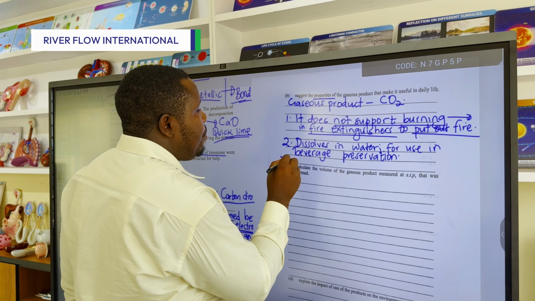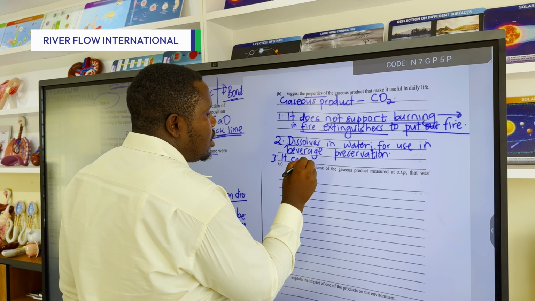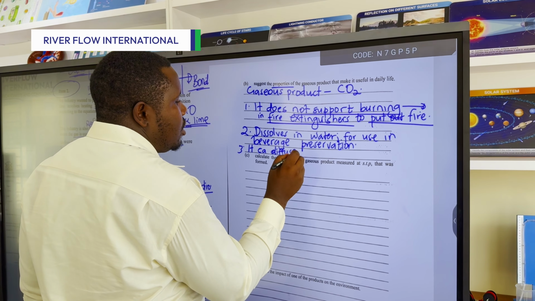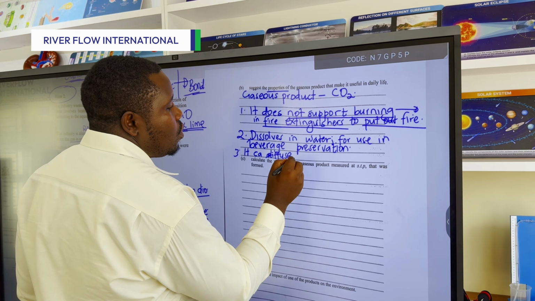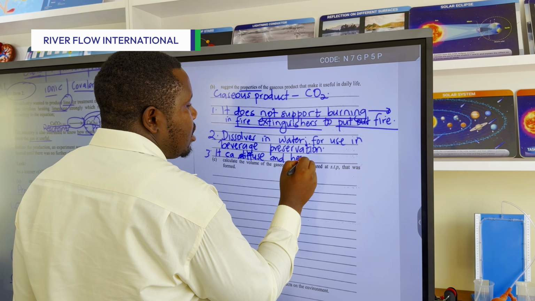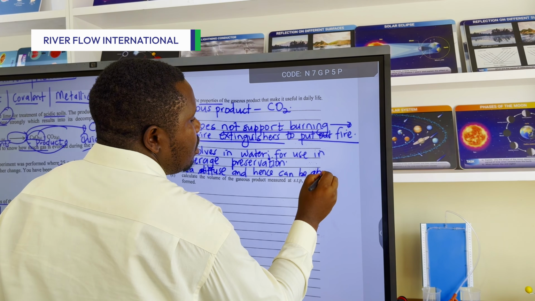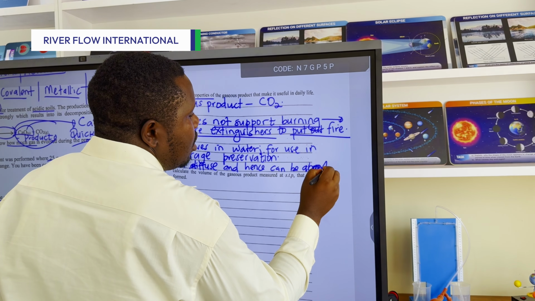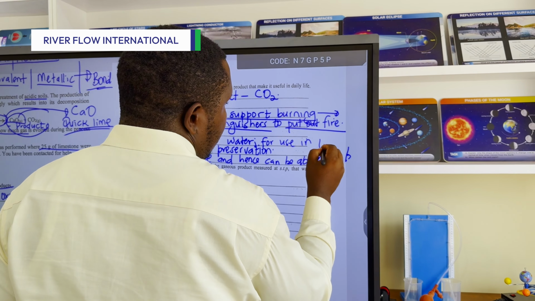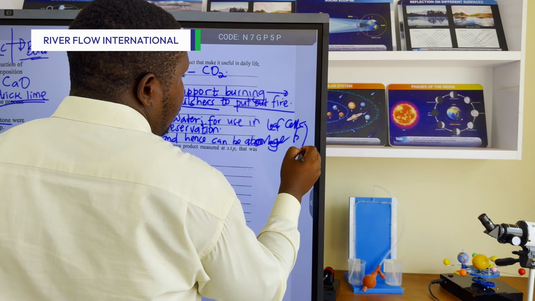It can diffuse. This one can actually be related with dissolving in water, and hence can be absorbed into leaf cells, for what?